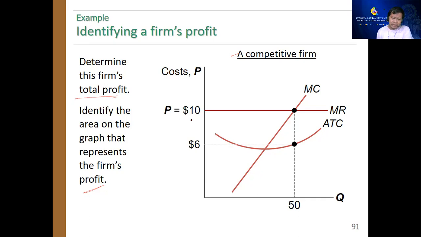Now, identify the area on the graph that represents the firm's profit. Look at this one. No? Kani siya nga portion din muna siya ang tabla, no? Tabla ta. So, kung imo na i-produce diri, kung ang kumpanya diri mag-produce, tabla siya tungod kay ang price din this is 6 ang price.